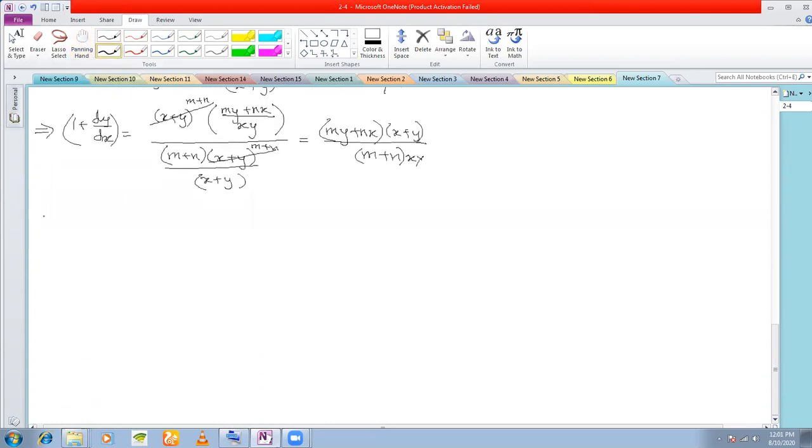And therefore, in the next step, we get 1 plus dy/dx is equal to, you multiply everything.